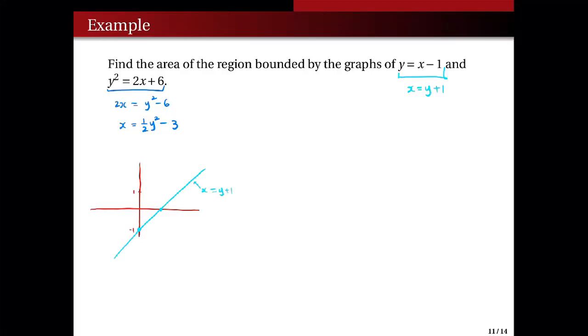And then for this, we have a parabola that opens to the right. Take note of this, we have x and then the squared part, it's y. So it opens to the left or to the right. When y equals 0, x equals -3.